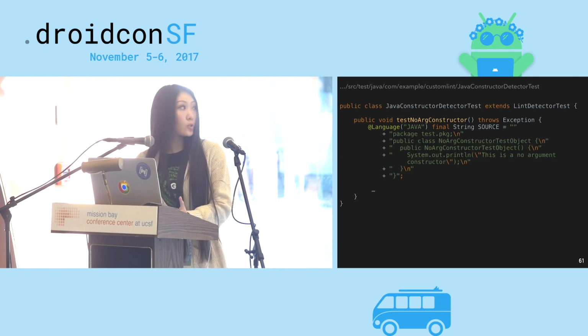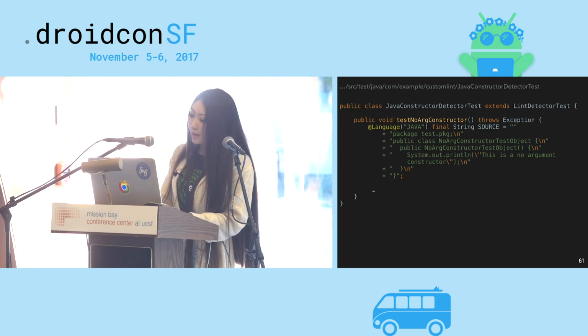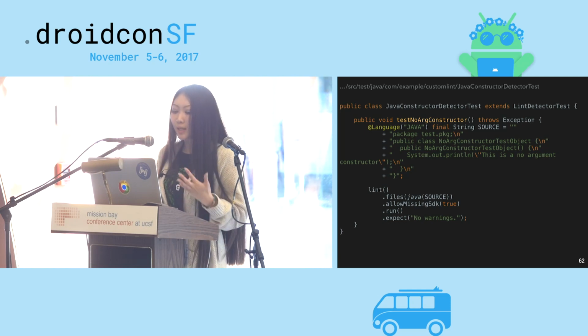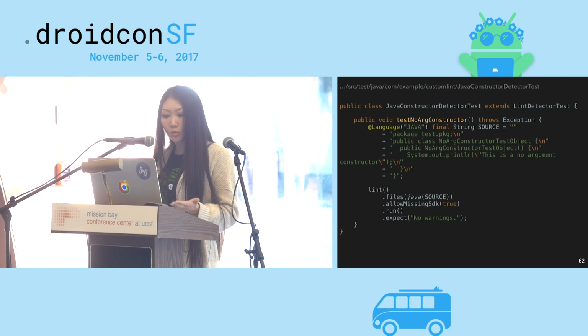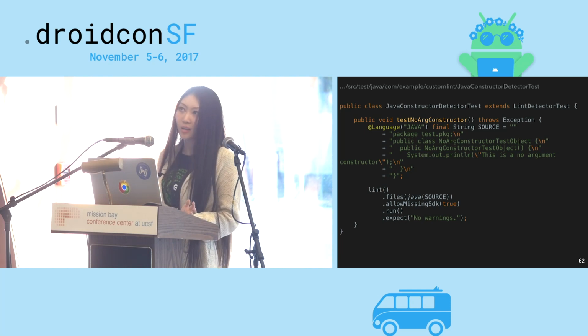You can see that there's no parameter for the constructor. In this case, we're expecting no warnings. What I did is I just do lint.files and pass in the Java source code we just created. I also set allow missing SDK to true for the same reason that we're overriding allow compilation errors. And then run, and I'm expecting no warnings.